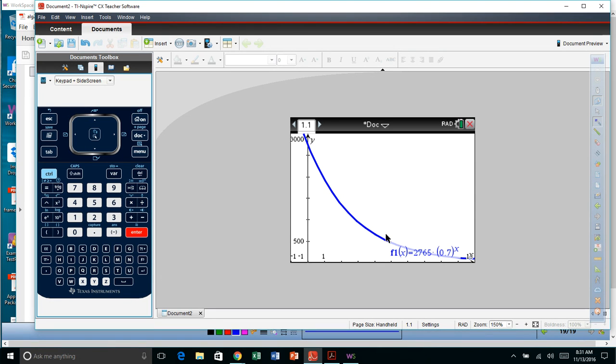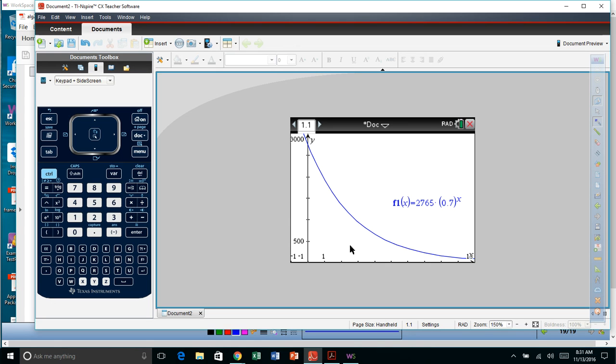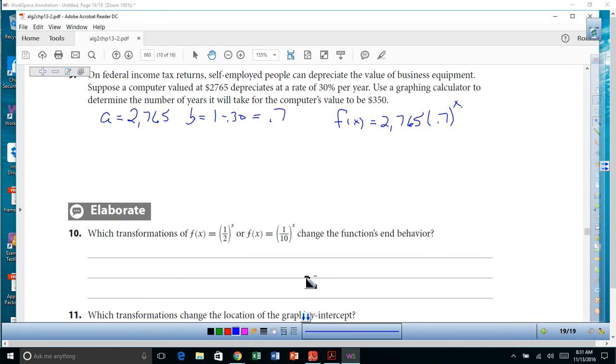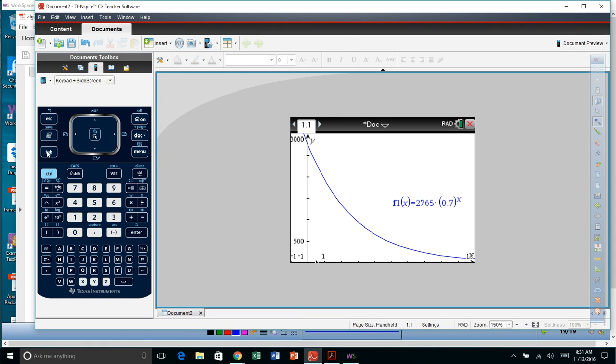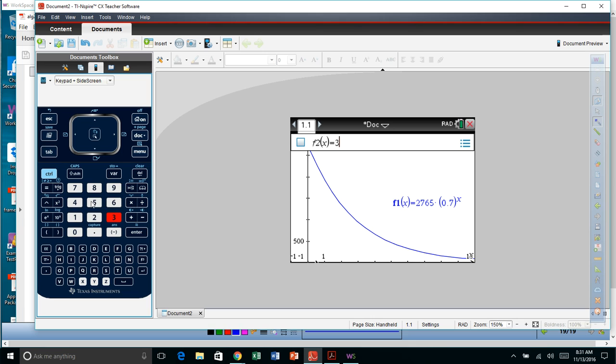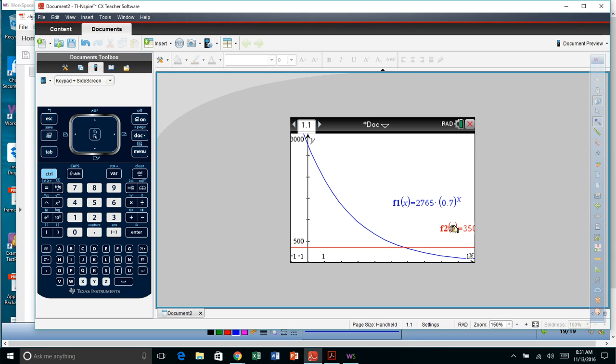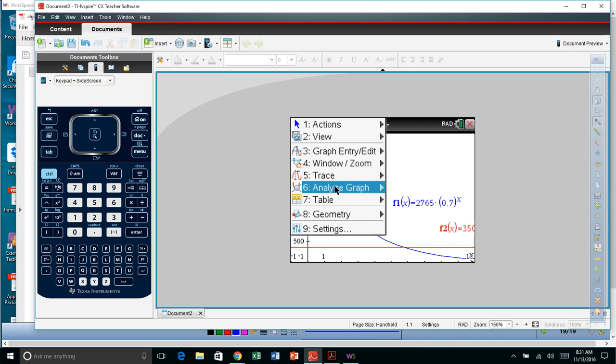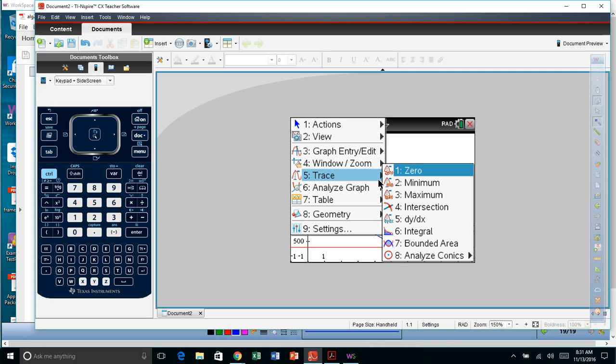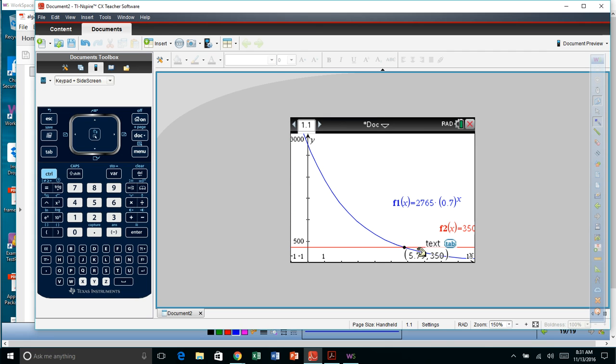All right, good. So we needed to find the value when it's $350. The easy way to do that is just press tab and put a line in at 350, and there it is. We just need to find that point. Menu 6, 4, and there it is, 5.79.